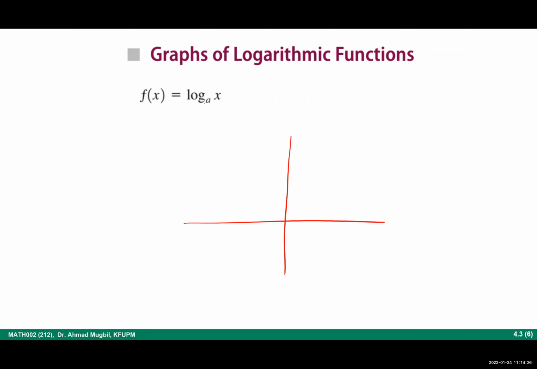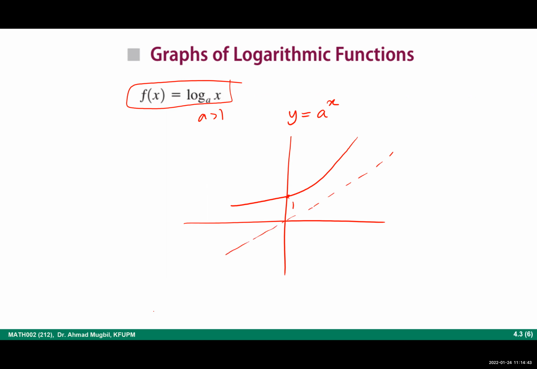Let's say that we have here log a of x and a is greater than 1. So the graph of the exponential function, if you have y equals a to the power x, this is the graph. Now, if you want the graph of this function, you need to imagine the line y equals x and reflect this graph in this line.